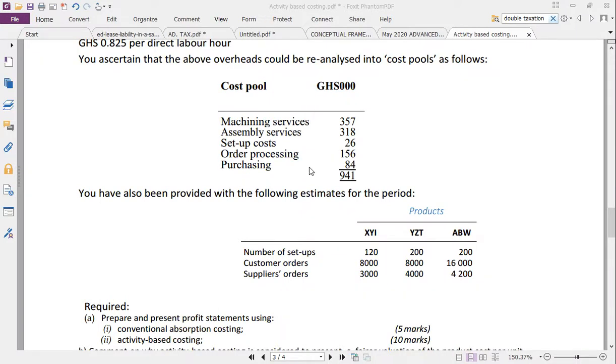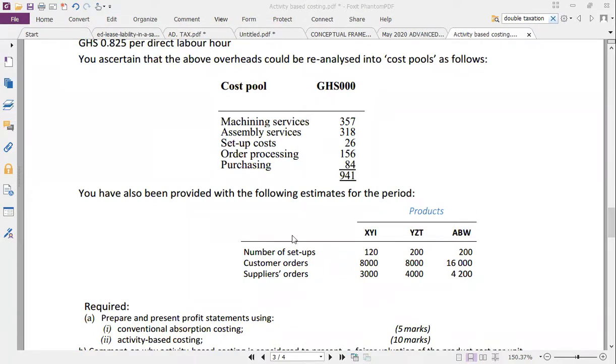Following the same approach, customer orders. The cost pool is 156.